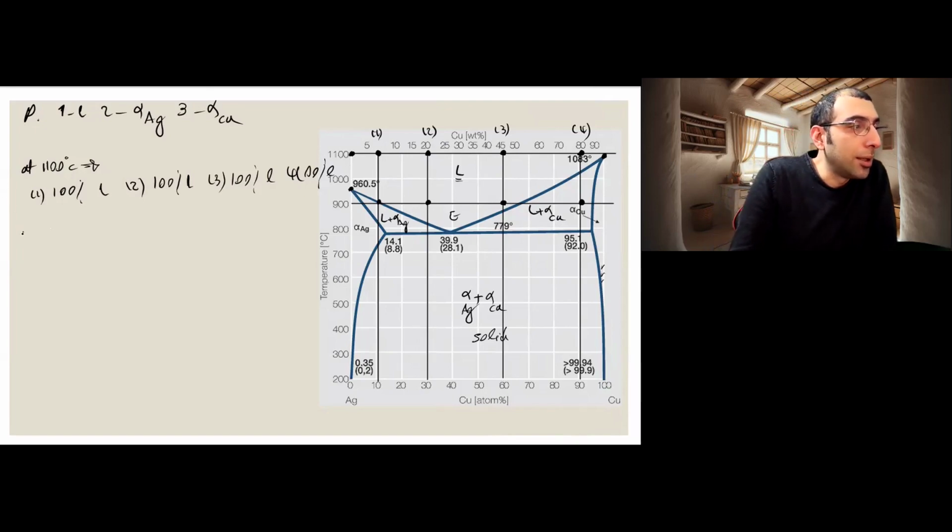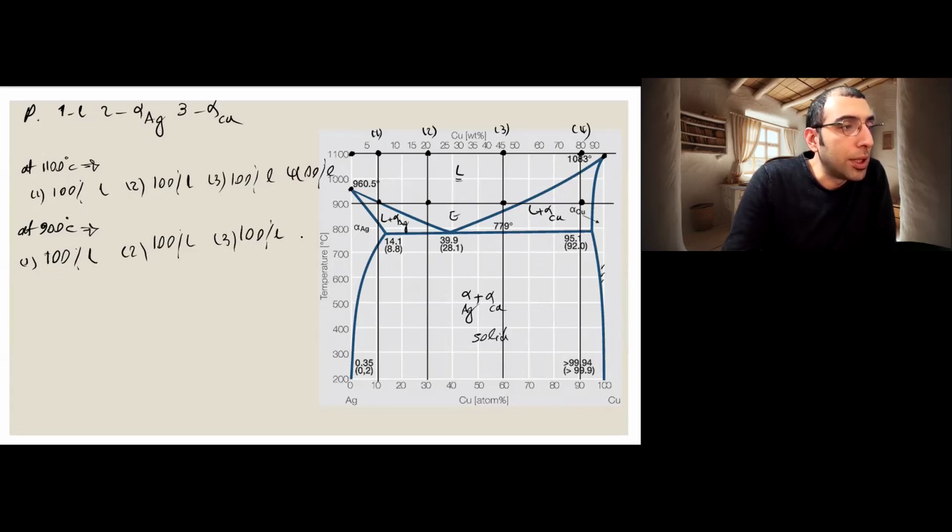So at 900 degrees, for alloy number 1, we are, let's say, still 100% liquid. For alloy number 2, we are still in the liquid region, so 100% liquid. Alloy number 3, still in the liquid region, 100% liquid.